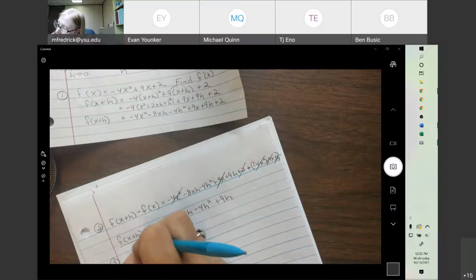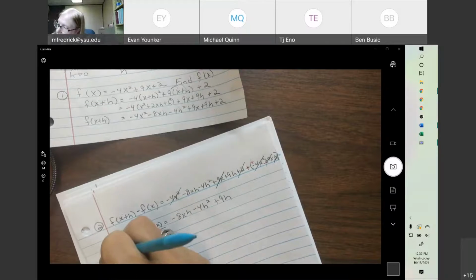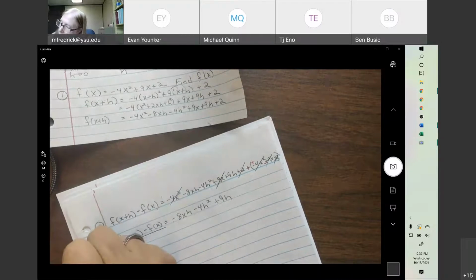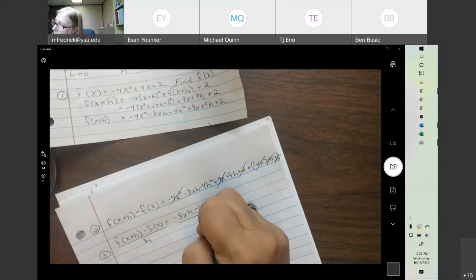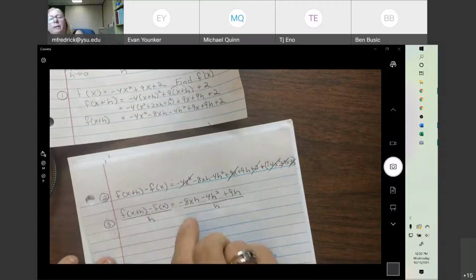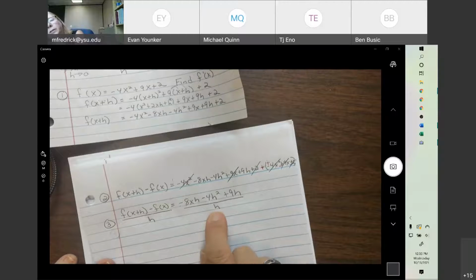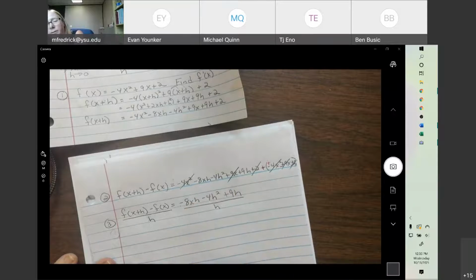Now this h needs to reduce. And notice each term has an h, so you can cancel one h from everything. Or you can factor an h out of the top and then cancel them.